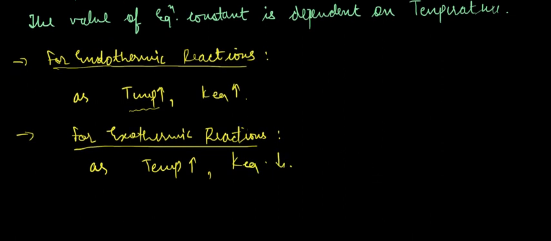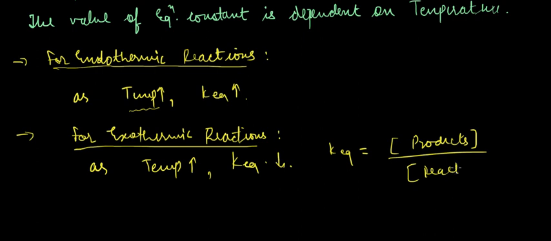Okay, why is this the case in exothermic reactions? Because K equilibrium for exothermic reactions would again be concentration of products divided by concentration of reactants, and we know that exothermic reaction takes place by giving out heat to the atmosphere or releasing energy.